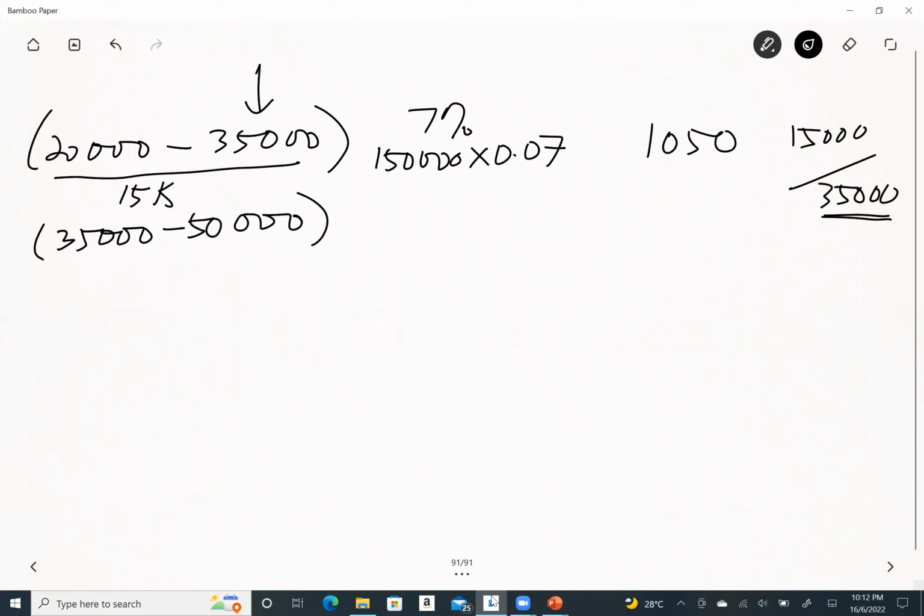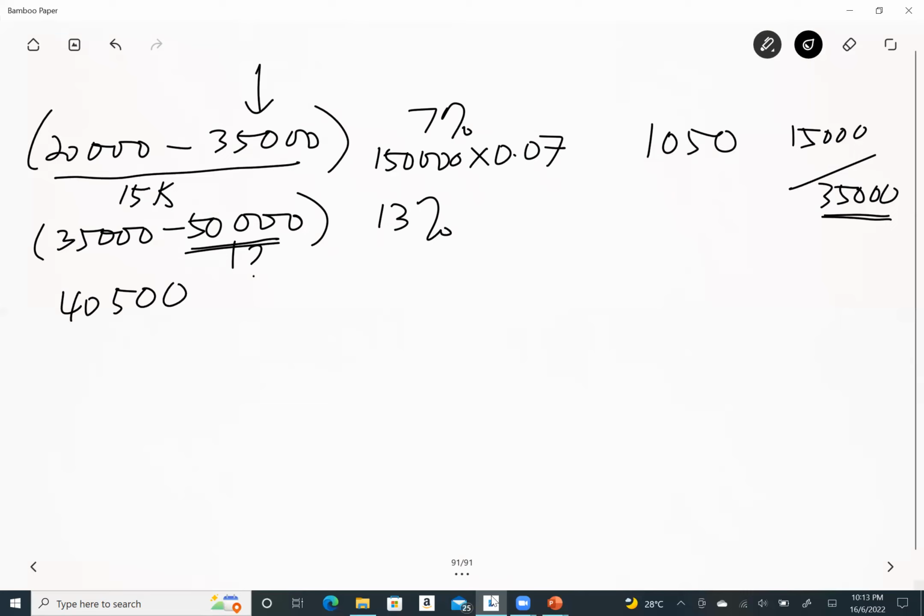Okay, rate is 13%. Now, how much income do we have in that bracket? Okay, so here, be careful. It's not up to 50,000, unless our income is 50,000. Our income is 40,500. So how much income do you have in the bracket?